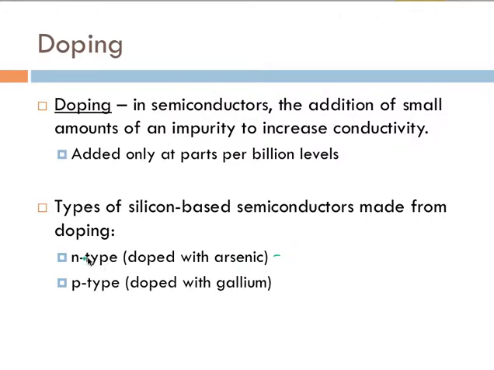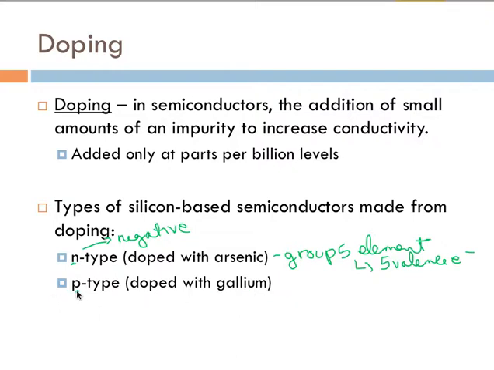That's what the N stands for, is negative, and we'll explain this in just a minute. But it is a negative type semiconductor. It is doped with a group 5 element, of which arsenic is an example. Keep in mind, group 5 elements have 5 valence electrons.